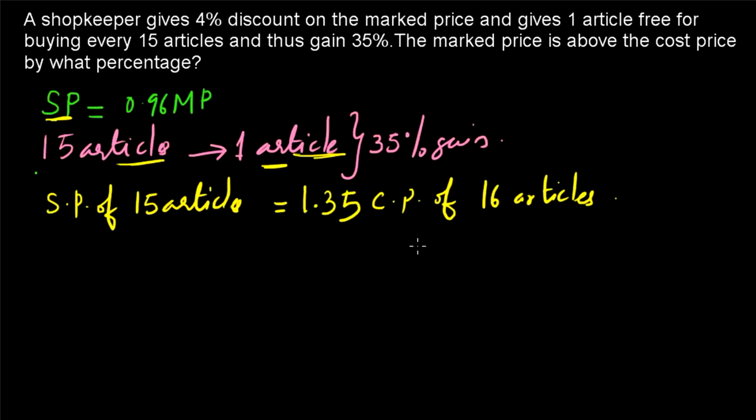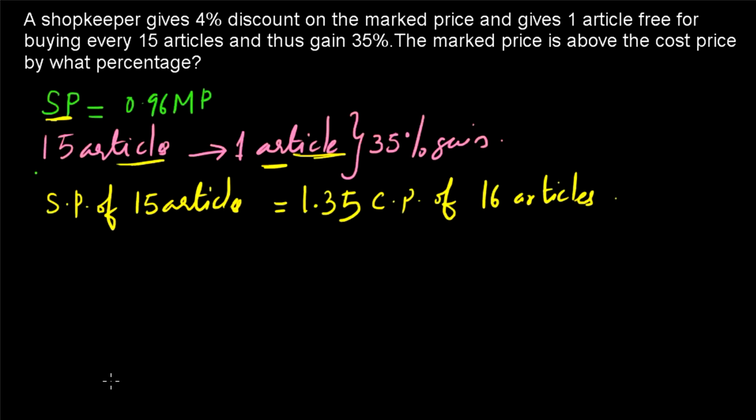But when it comes to cost price, the entire 16 articles' cost price should be taken into consideration. I hope you understood the meaning. One article is given for free, so that price will not be included in the selling price, but of course that price will come in the cost price. The selling price of 15 articles is equal to 1.35 into cost price of 16 articles.